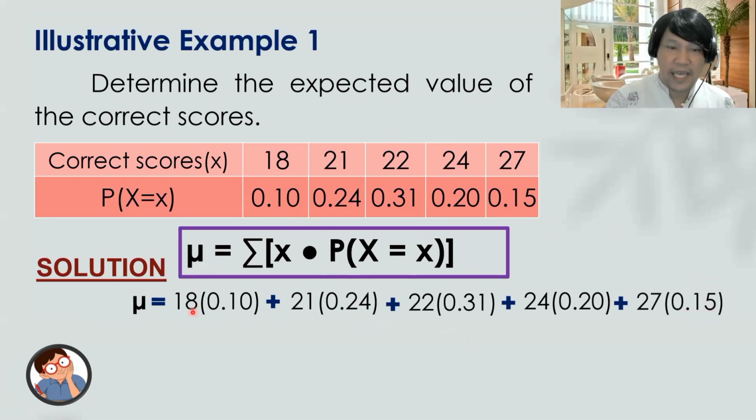I repeat, 18 times 0.10, 21 times 0.24, 22 times 0.31, 24 times 0.20, and 27 times 0.15.